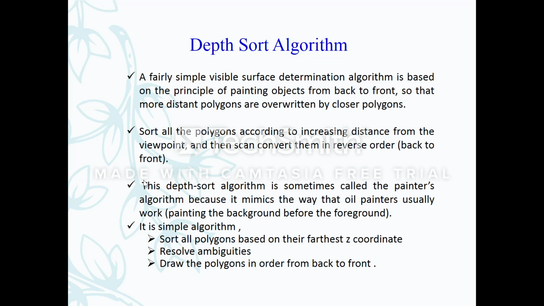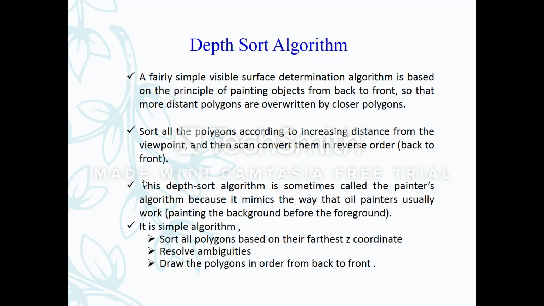Sort all polygons according to their increasing distance from the viewpoint and then scan them in reverse order, back to front. This is sometimes called the painter's algorithm because it mimics the way that oil painters usually work.